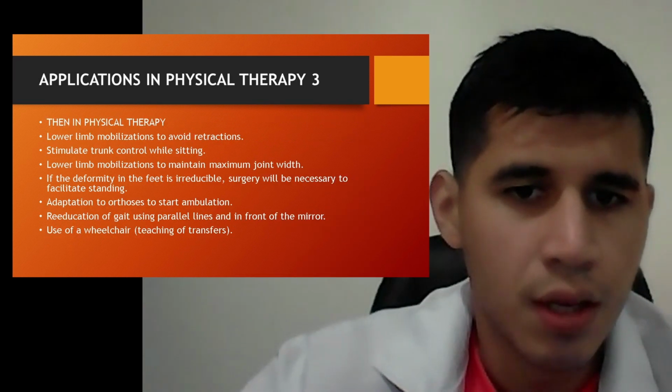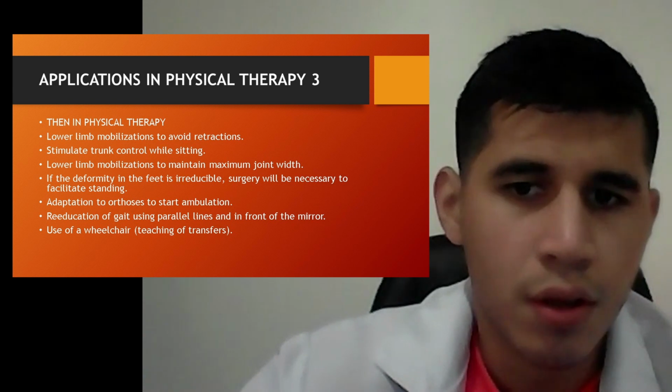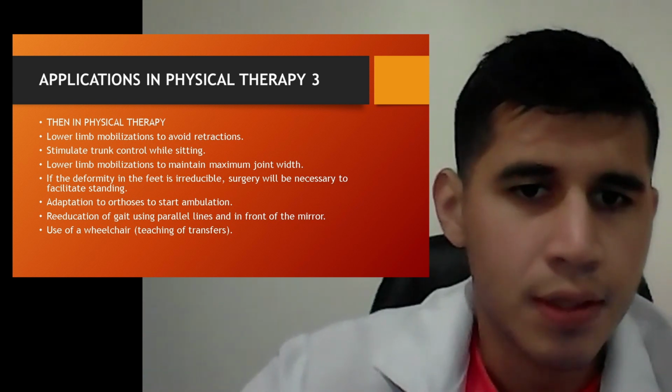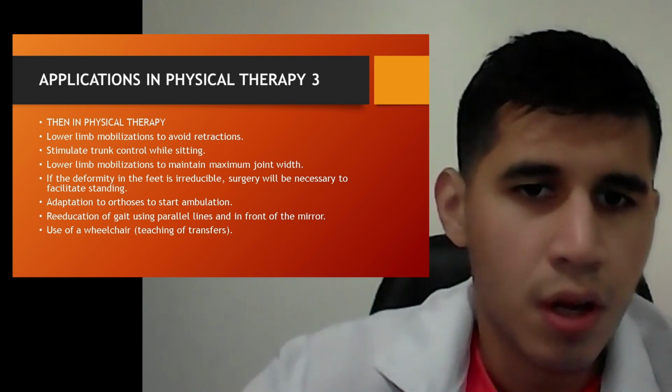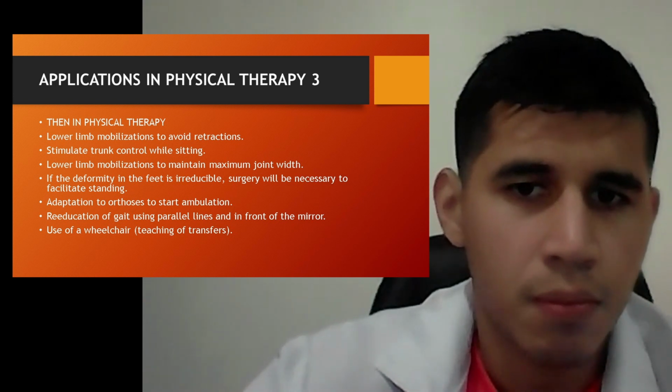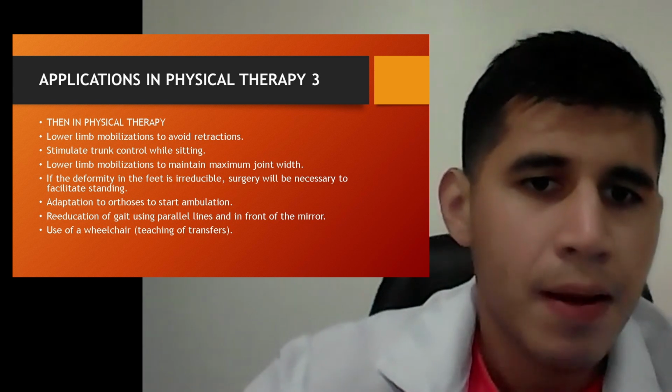To do this, facilitate the grip of your legs and feet. Work in front of a mirror. Then in physical therapy: lower limb mobilization, avoid retractions, stimulation control with a stick, lower limb mobilization to maintain maximum weight.